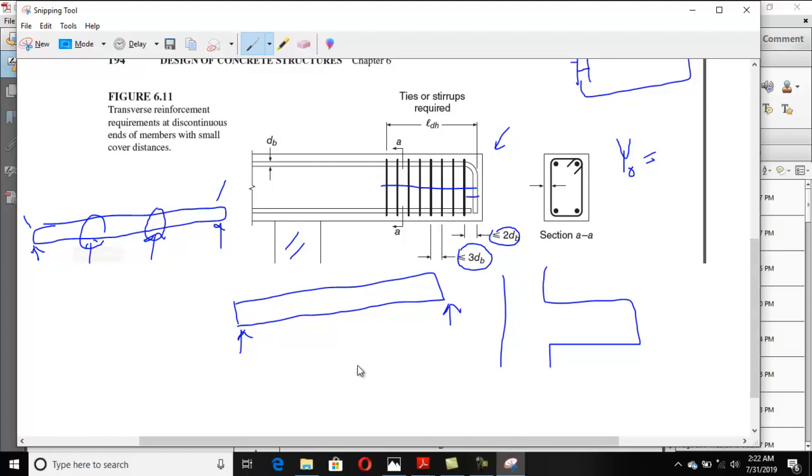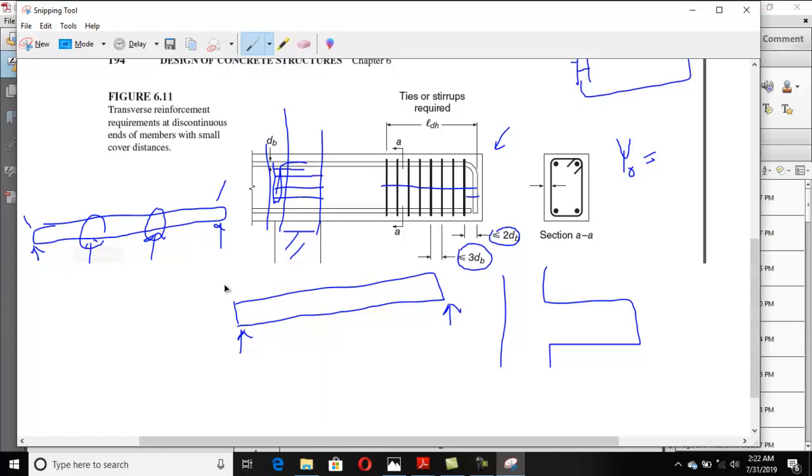In such a case, if the hook is provided at this support, we provide this tail extension and the beam is cut over here. In the column we provide longitudinal bars as well as ties, so those ties are placed perpendicular to this extension.